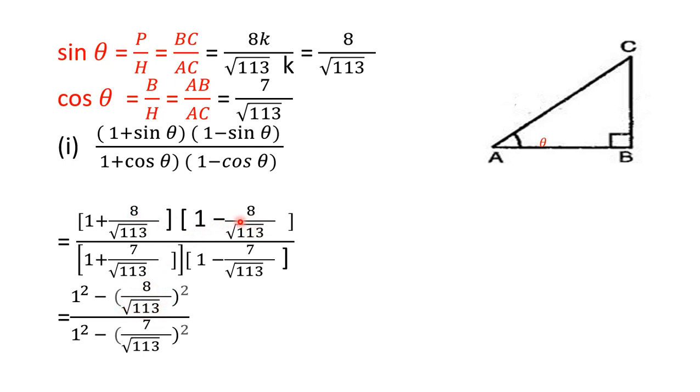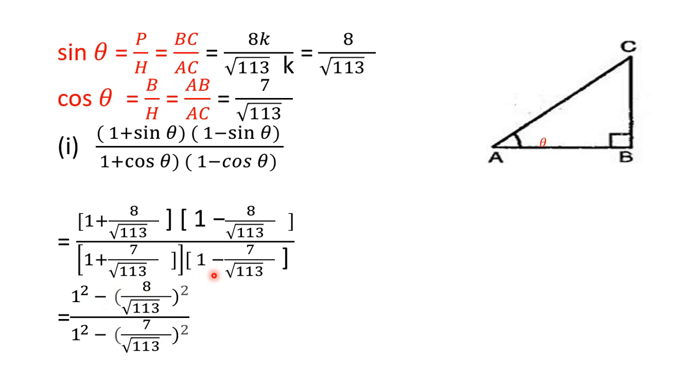So in the numerator, (1 plus 8 upon under root 113)(1 minus 8 upon under root 113) becomes 1 square minus (8 upon under root 113) whole square.